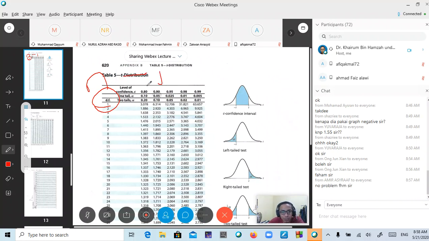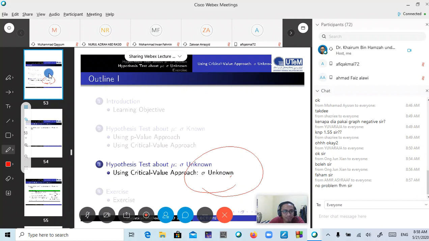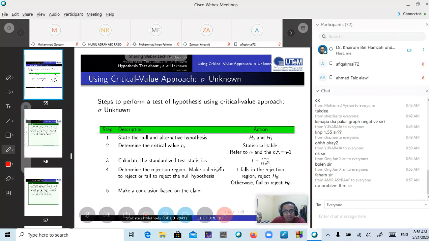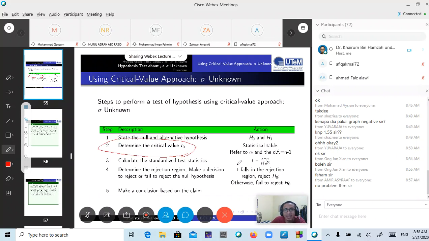Okay. Next. Look at the example. Sebelum example, tengok step dia sama je. Beza dia, this one, step 2, you find critical value approach T naught. So this one, from statistical table, prefer table T distribution. And then calculate, dia guna T lah.